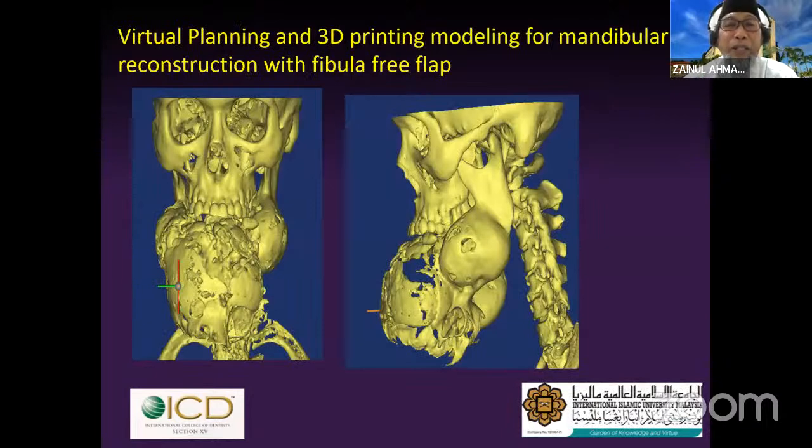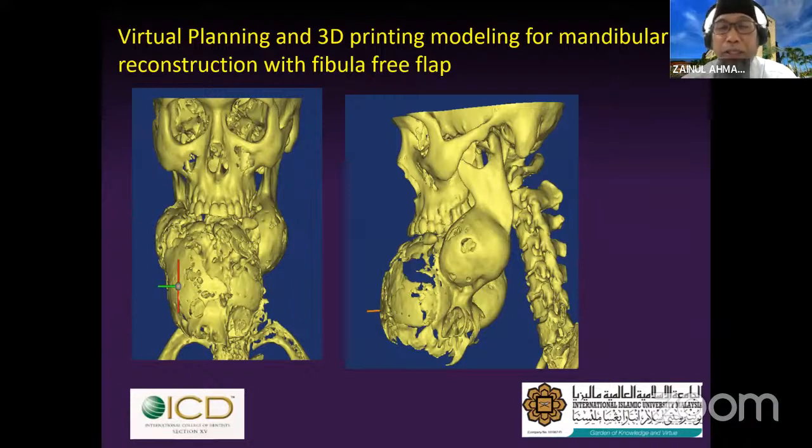So this surgical approach is using a fibula free flap as a graft. In other words, we have to make sure to resect the ameloblastoma and make sure that the area which is not affected by the tumor is safe.